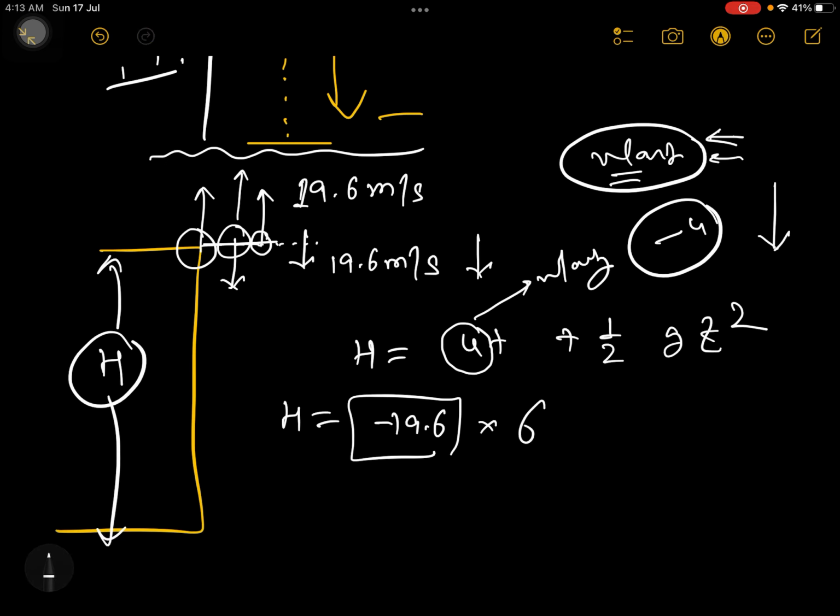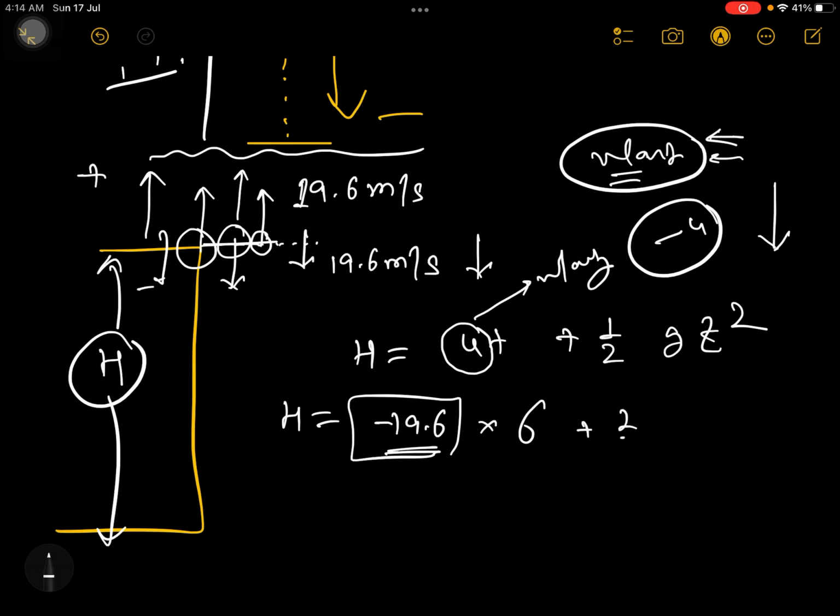Why will I take the same time? Because if you have taken 19.6, it means you are already considering upward direction positive and downward direction negative. We have done that, that's why I can take the entire time here.